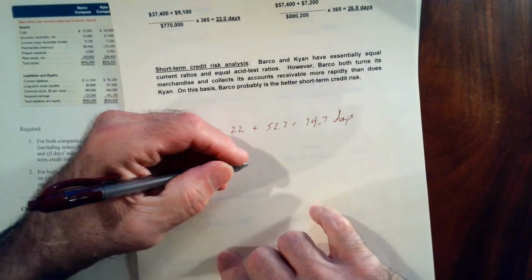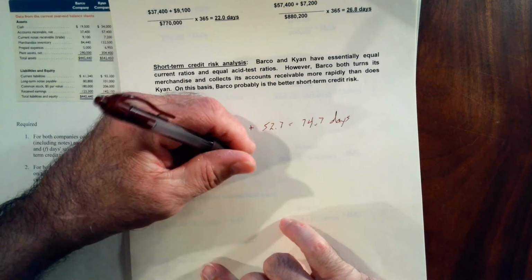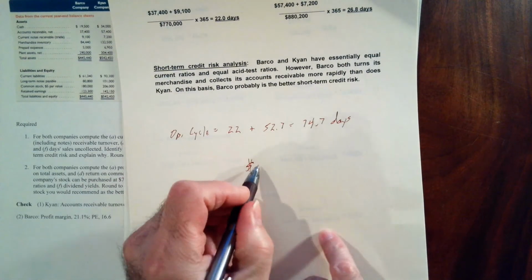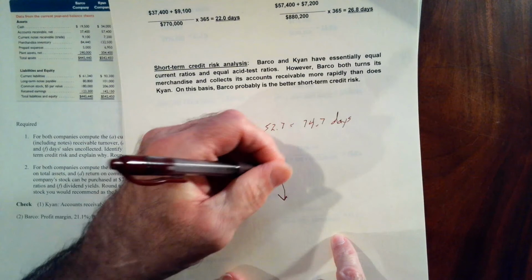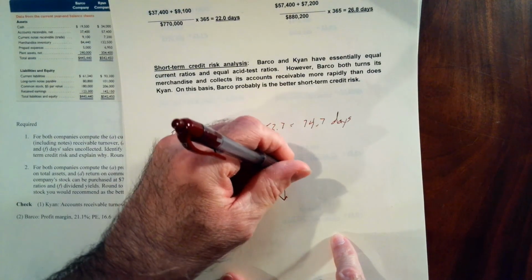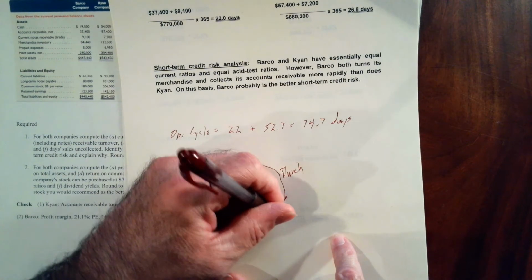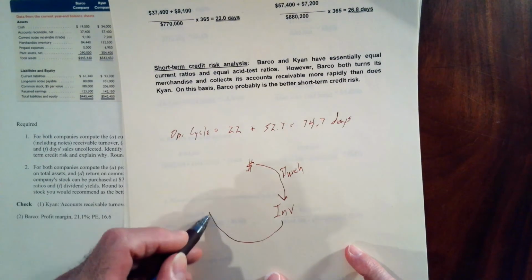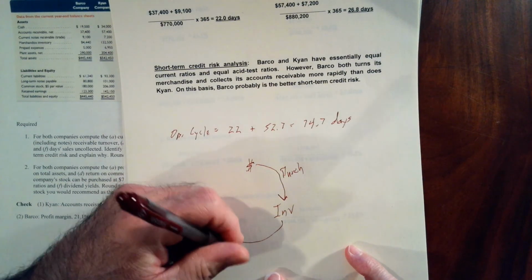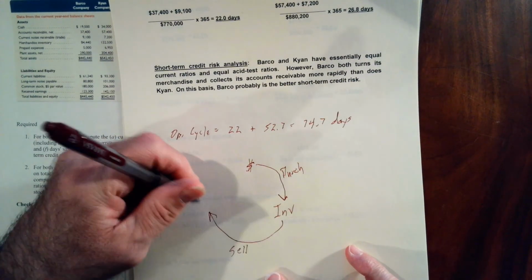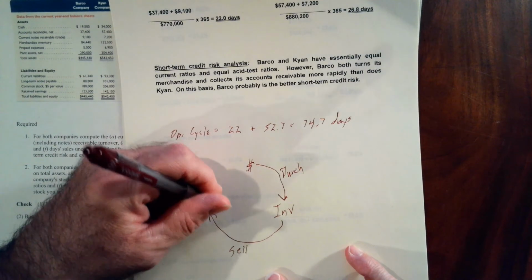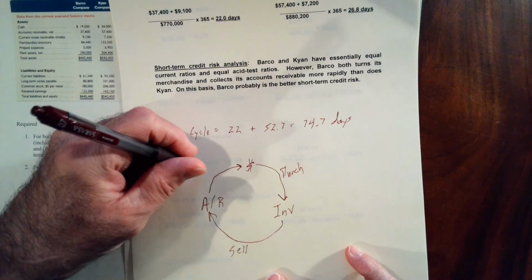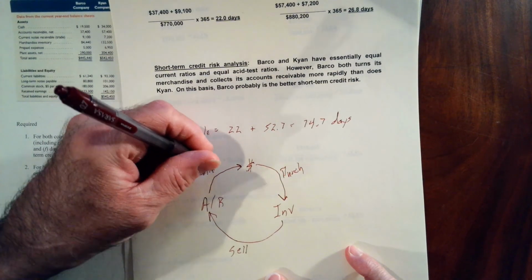How do I know this? Check this out, guys. Here's the operating cycle, what's called the cash-to-cash cycle, and I talk about this. You start off with cash. You use that cash to purchase inventory. Then you sell that inventory to your credit customers, so you create accounts receivable, and then you collect your accounts receivable to get cash back.